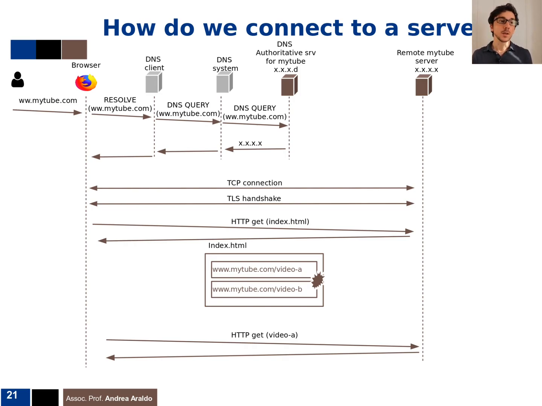So the user writes mytube.com in his browser, and as you may know, the name mytube.com is not sufficient to contact any server, any physical server. We need first to resolve this name into an IP address, and to do so we use DNS, Domain Name Service.